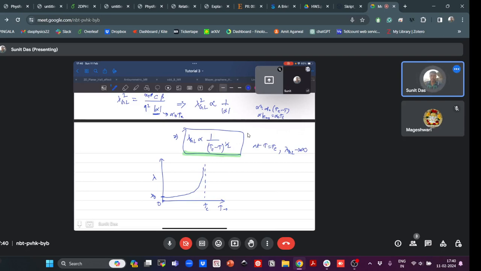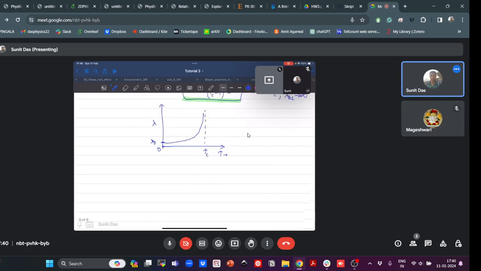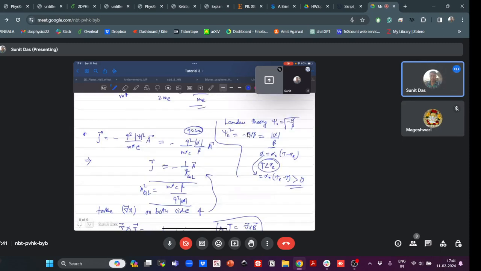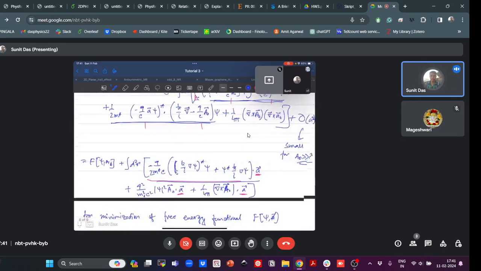Next we will derive how, let's say we have a normal state and superconducting junction, how the wave function behaves. That will directly help in solving question 4, but I will not precisely solve that. So let's focus on the first equation that we got from the Ginzburg-Landau theory, which was this equation.